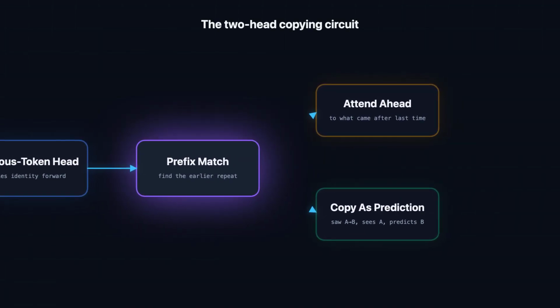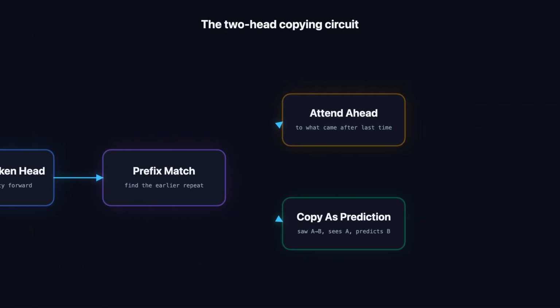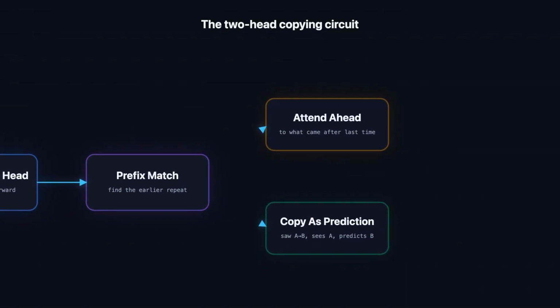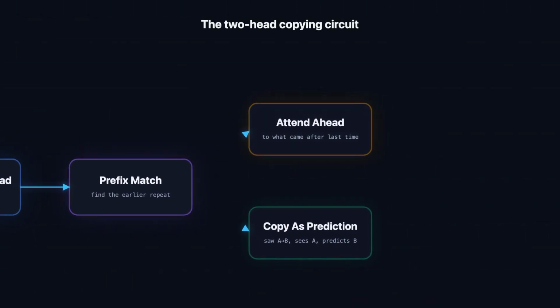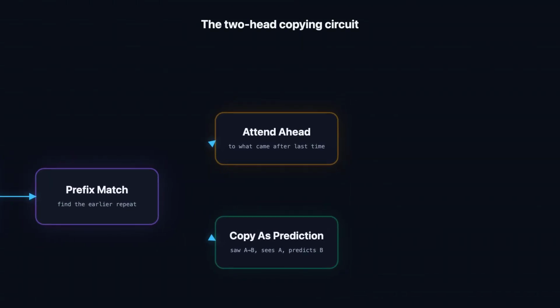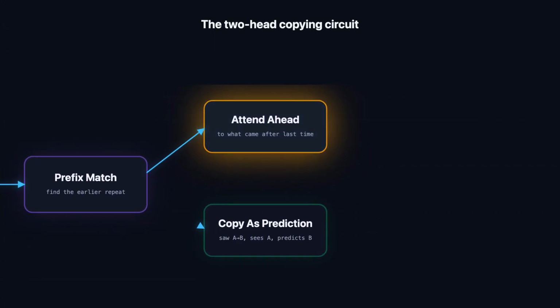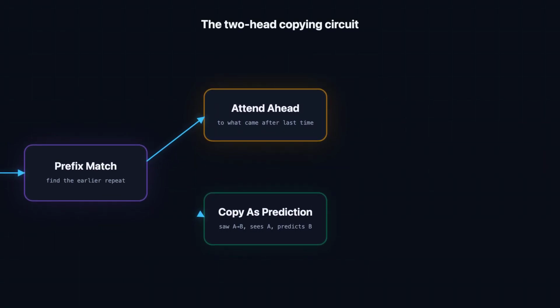Then the induction head takes over. It looks at the token you are on right now and searches back through the sequence for an earlier place where that same token already appeared. That is the prefix matching step, finding the repeat. Having found that earlier match, the head attends to whatever came right after it last time.